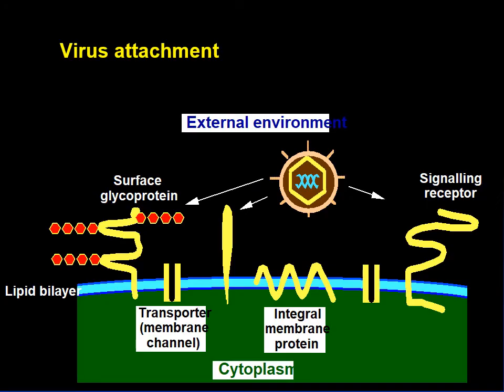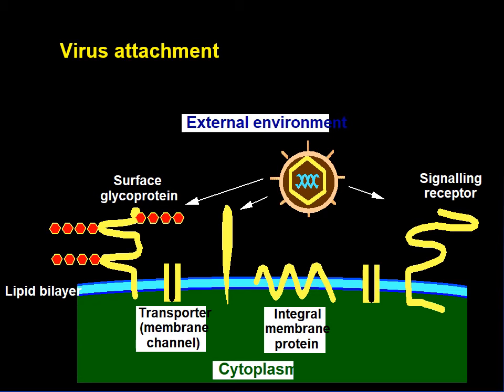Now, as I said earlier, viruses usually attach to the cell surface, and there are ways of attaching. There are signals, receptors, that signal for the virus particle and help it move towards those receptors.